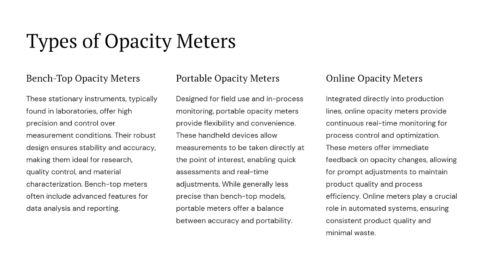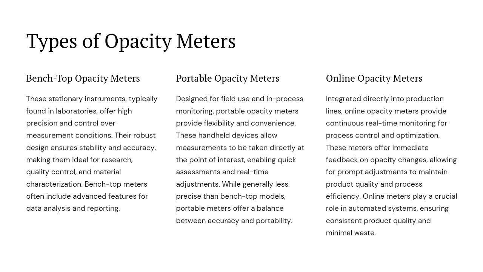There are three main types of opacity meters: benchtop opacity meters, portable meters, and online meters. Benchtop meters are large and stationary. They are used in laboratories where precision is very important. Portable meters are handheld devices that can be taken to different locations.